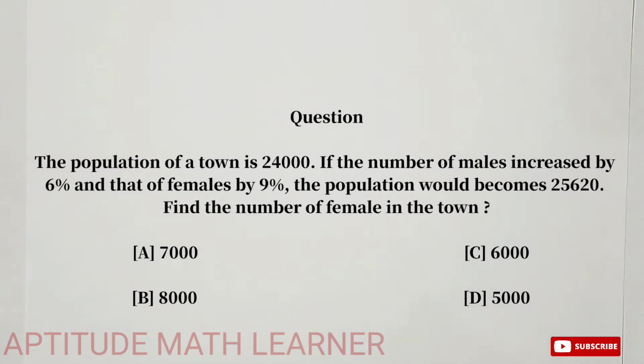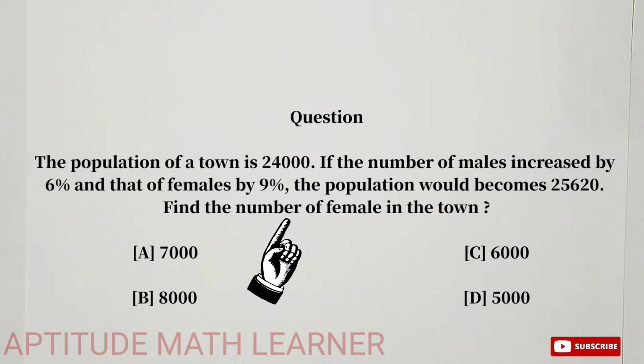And the question today is: the population of a town is 24,000. If the number of males increased by 6% and that of females by 9%, the population would be 25,620.